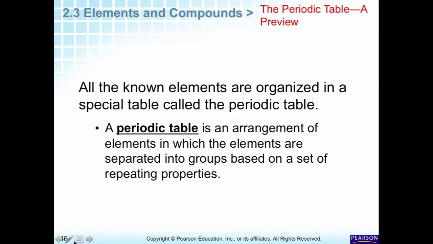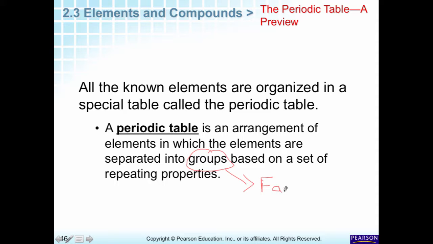Okay? So, when we look at the periodic table, the reason it's not just one big long line, the places or the columns that everything are in are called groups or families.